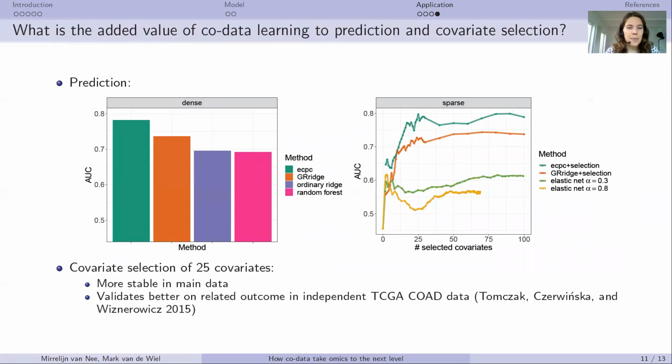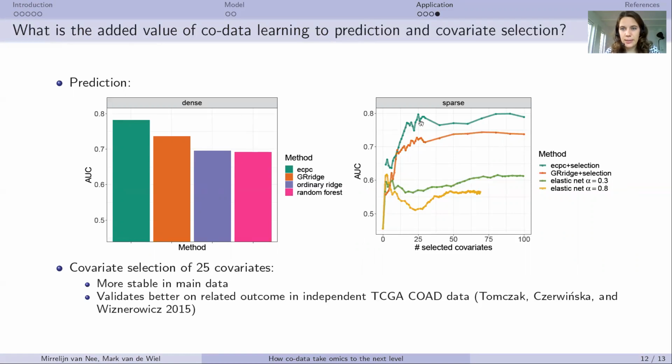And then lastly, what is the added value of codata to prediction and covariate selection? So I compared several models in dense and sparse settings. I have here ordinary ridge, which does not use codata, and our method is called ecpc. So you see that you gain almost 0.1 in terms of performance in area under the curve. And in the sparse setting, I compared to elastic net as benchmark.